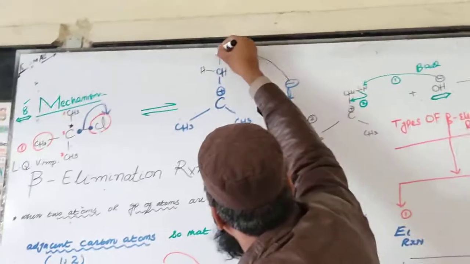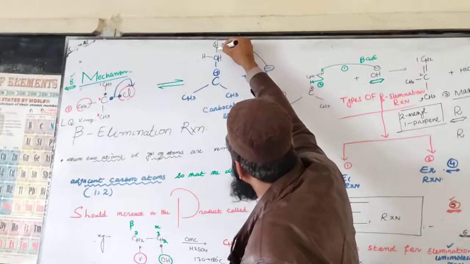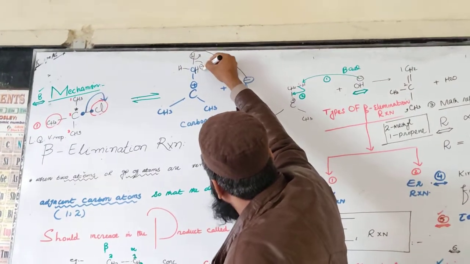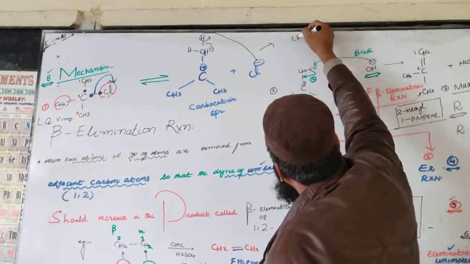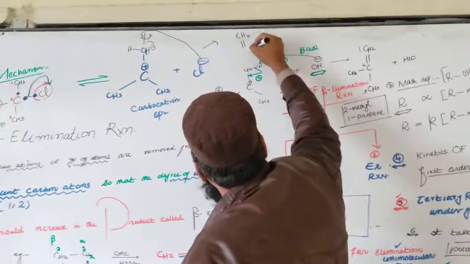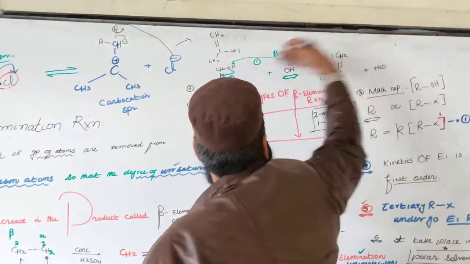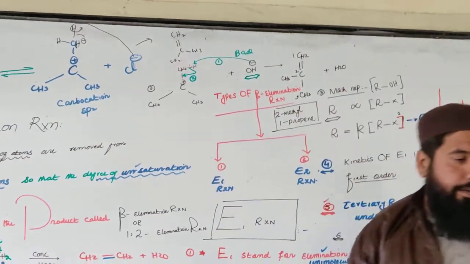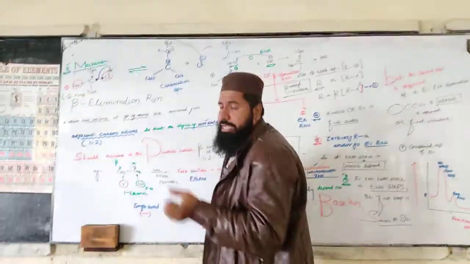It abstracts this proton, carries away the hydrogen ion with itself, and as a result the electrons shift and form a double bond between the positive and negative centers, giving CH2 double bond with CH3. Look at this. That is the beta elimination reaction.